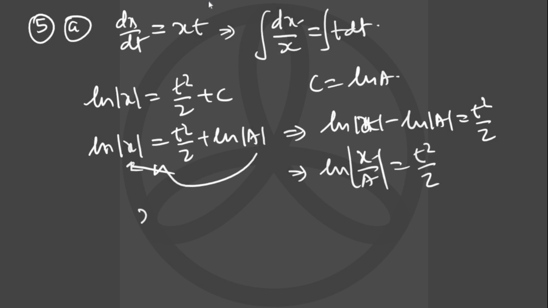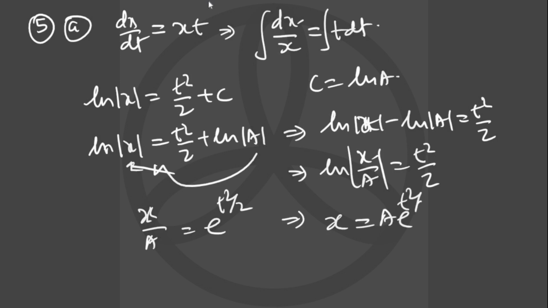Applying anti-log, we get x/a on the left hand side, and on the right hand side we get e^(t²/2). This will give us nothing but x = a e^(t²/2).